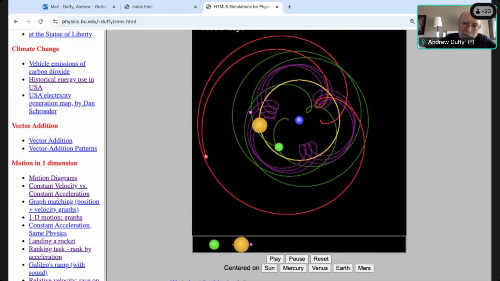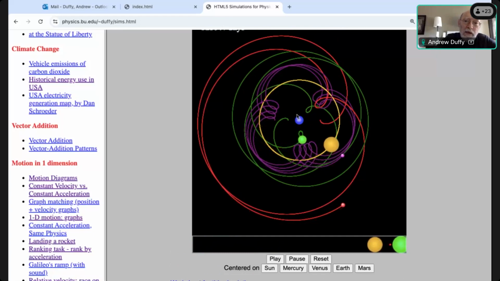They do these funny little swirls, and they get very close to us sometimes, and then they're very far away at other times. When you see this version, I think you can understand why it took so long for humans to figure out what was happening in the solar system. It's much easier when you see it from the sun's point of view.